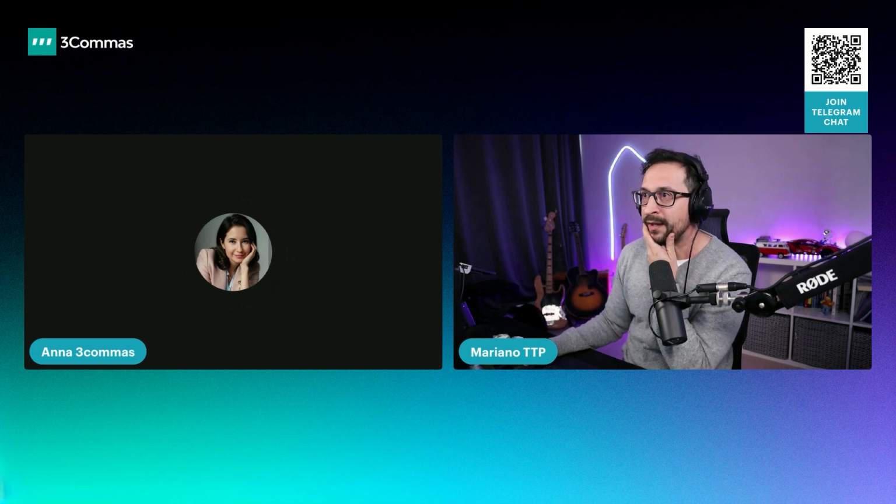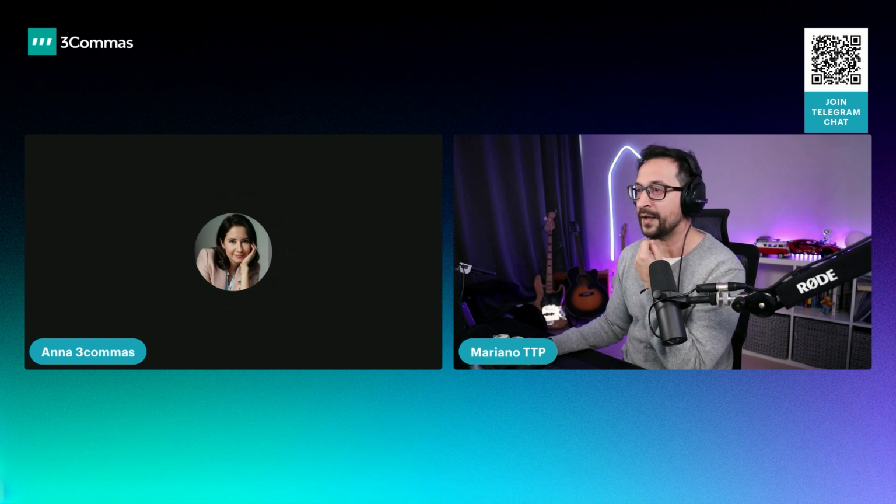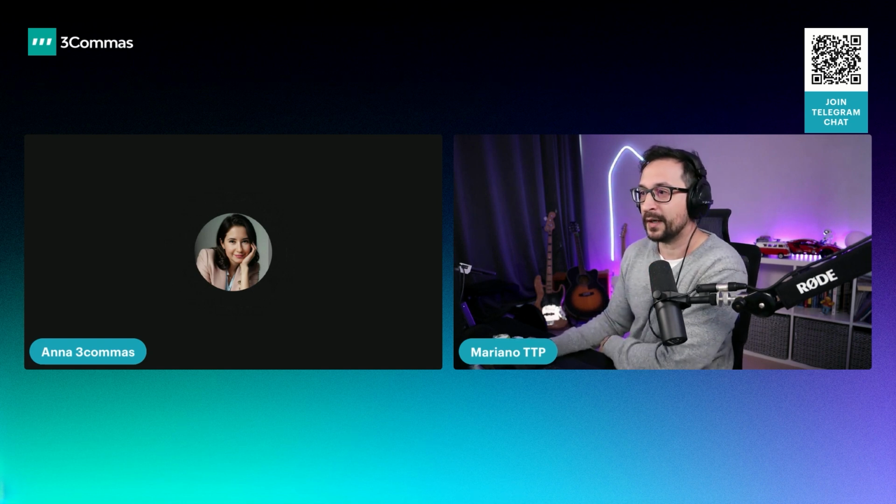And the way that the new layout of the DCA bot is putting all of this together, I don't know if I can share my screen, but it's really, really cool. The way that you can narrow down and spot what is actually moving the most.